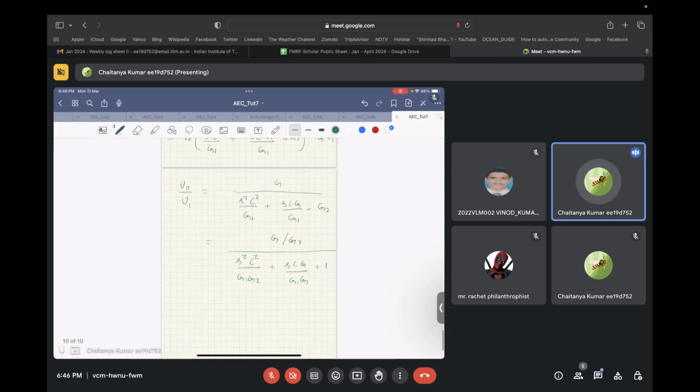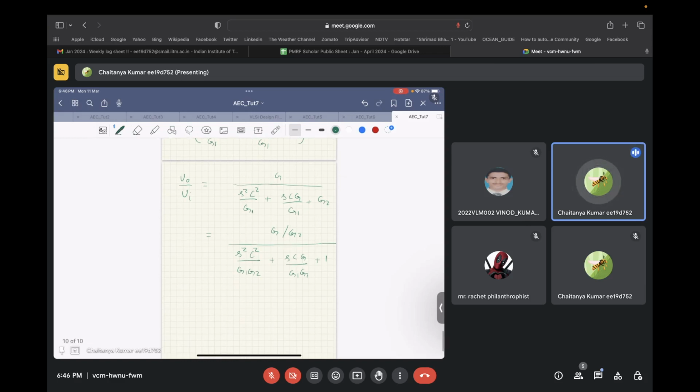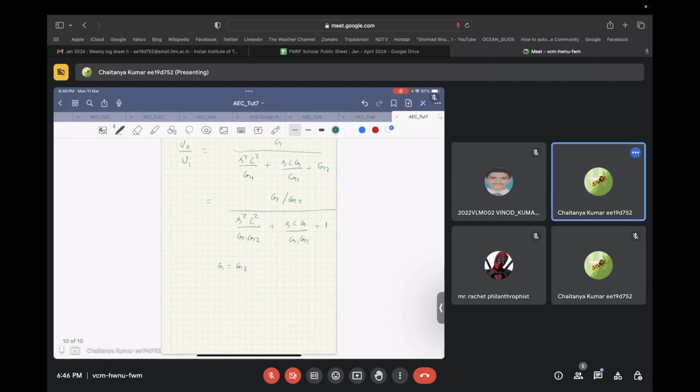Now the gain, so if the gain that was there in the original transfer function, we want the same gain over here. That means G should be equal to G2. Now G is equal to G2, so the numerator becomes 1.